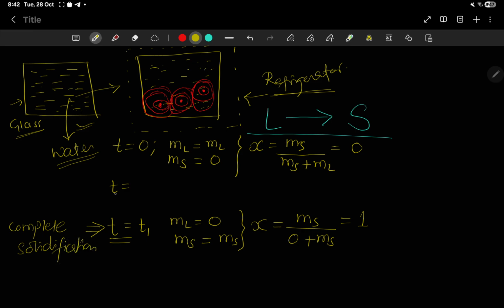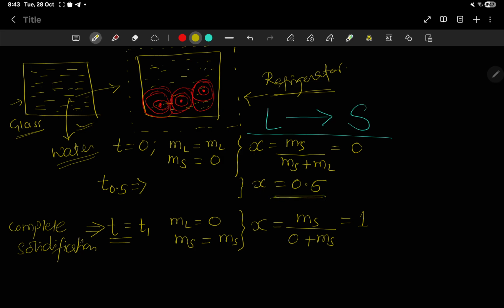Okay, and in between I am defining t 0.5. So t 0.5 is the time when we get x value 0.5.